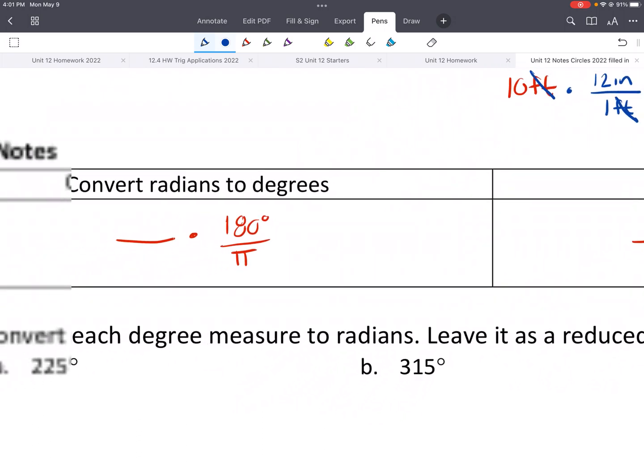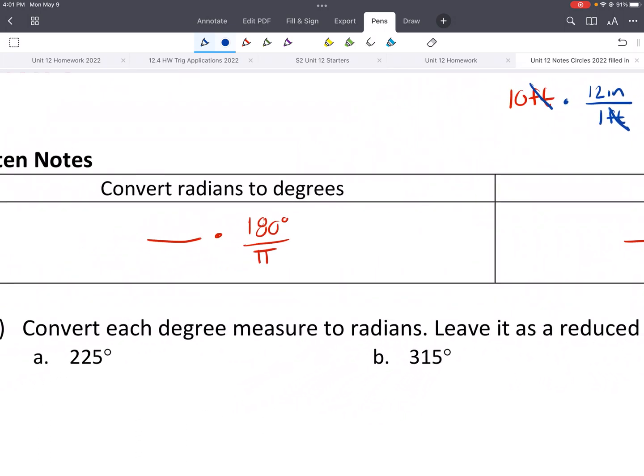Okay, so we're doing the same sort of thing. If our unit is in degrees, okay, then if we want to switch it into, or sorry, that says radians, switch from radians to degrees. So if we're in radians, with some sort of number, then we would multiply it by a conversion factor where we want degrees, so degrees is on top, and in the bottom we would have radians, so that our radians cancel off.